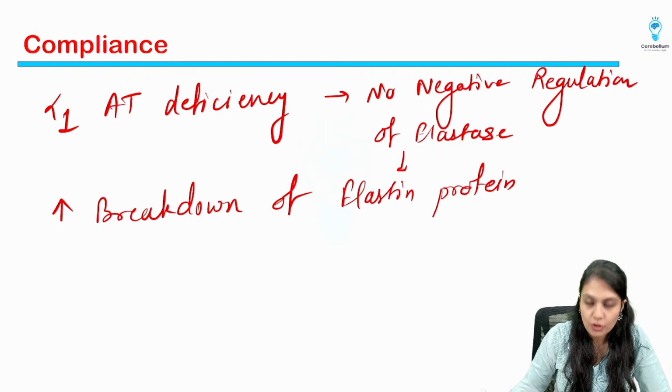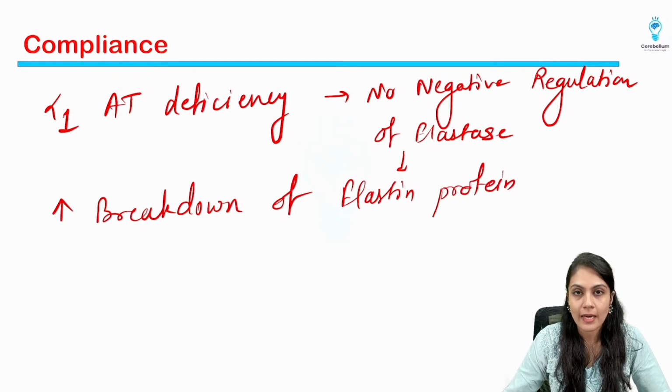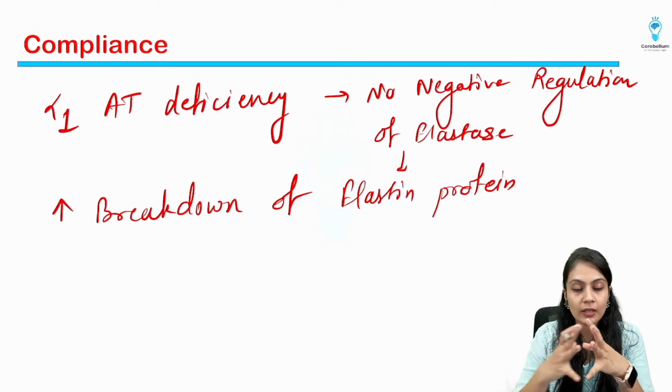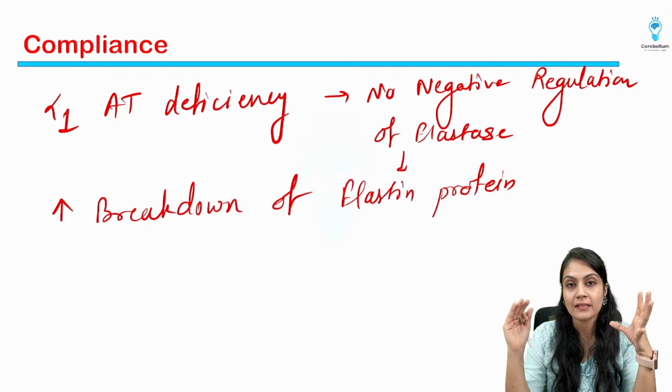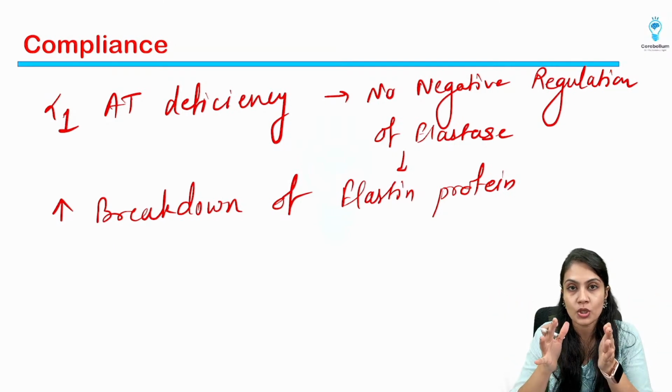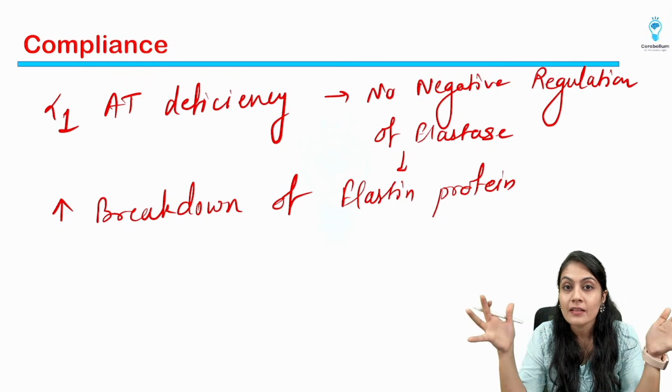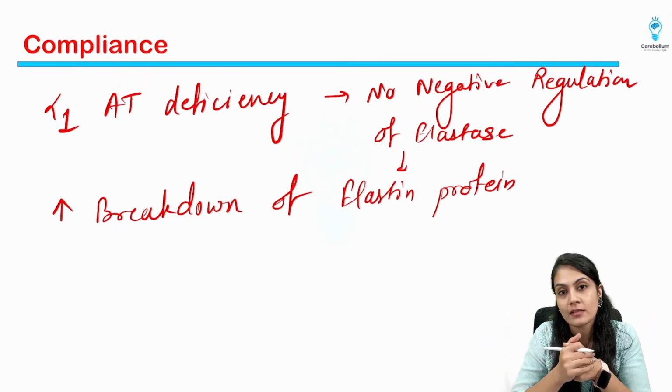Now what is the main function of elastin protein? Understand, if there is a negative pressure, yes, the alveoli will stretch, but the main thing of elastin protein is to come back to the normal position. So recoil is the main property of elasticity.